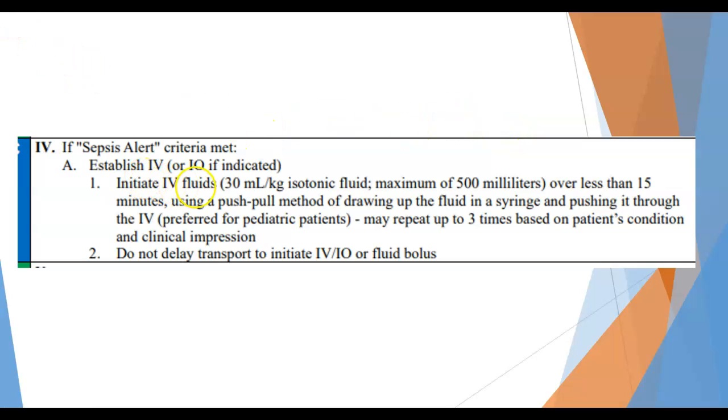So if we jump back up to the dosing here, since this protocol is meant for adults and pediatric patients, it makes sense that they have this right here. So to give you just a little bit of a clue, and you've probably already done it in your head really quick, the max that meets the 500 milliliters off the rip is between 16 and 17 kilograms.